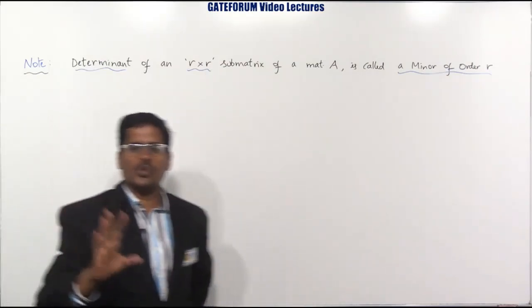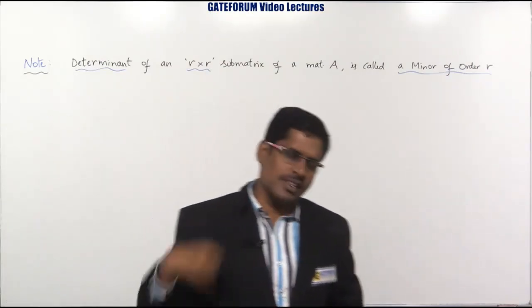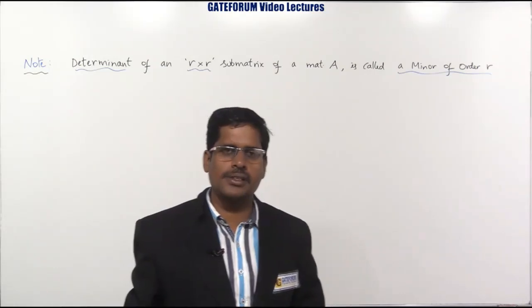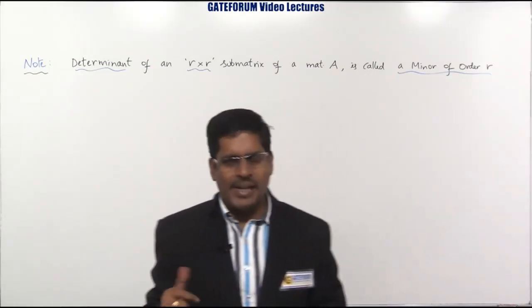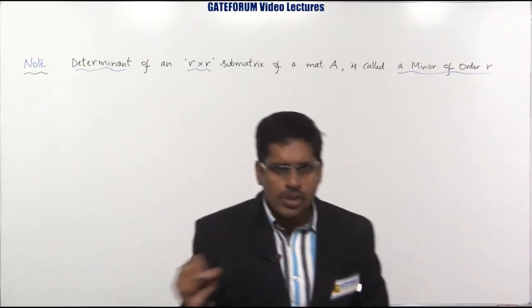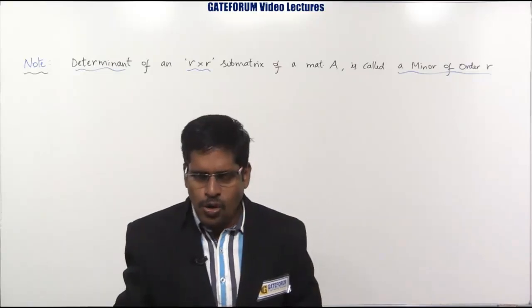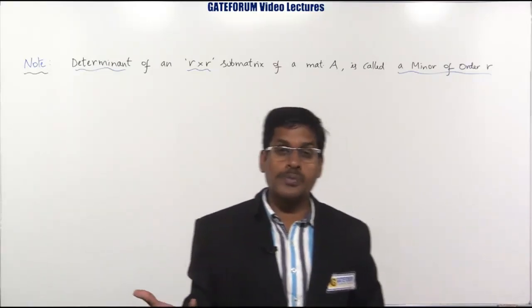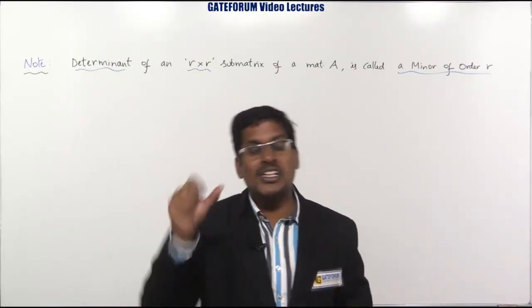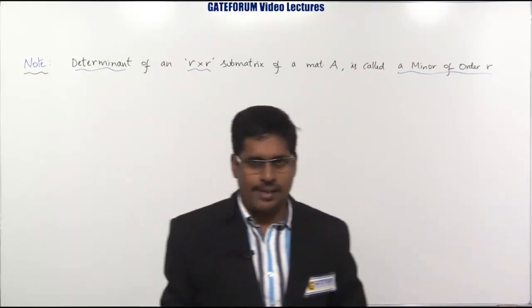Suppose A is a 2 cross 3 matrix or a 3 cross 3 matrix, whether it is a square matrix or rectangular matrix. You know the meaning of submatrix. What is a submatrix? Deleting rows, deleting columns, or deleting rows and columns. The matrix so obtained is called a submatrix of the given matrix A.